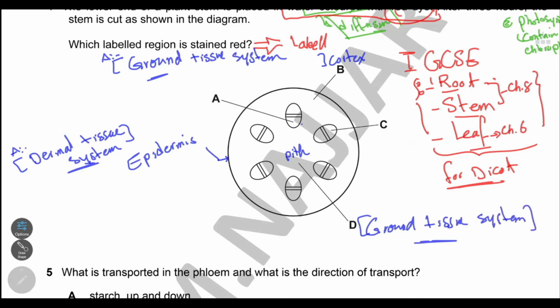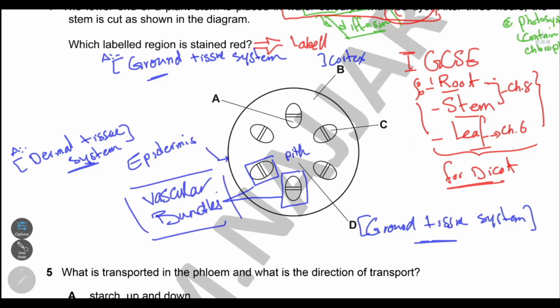This is an advanced point. All of those are referred to as vascular bundles. So what are the vascular bundles made up of?